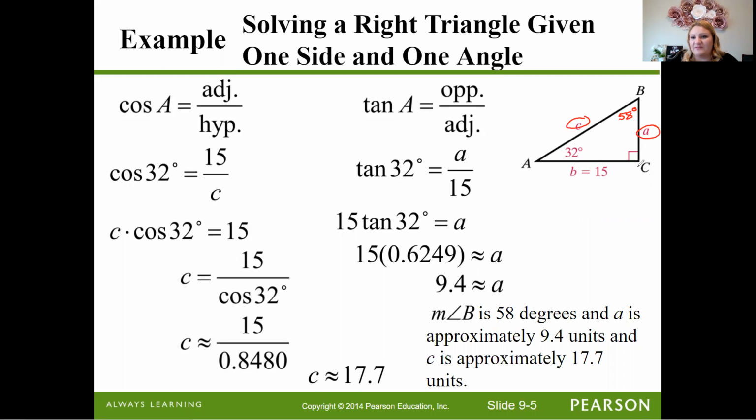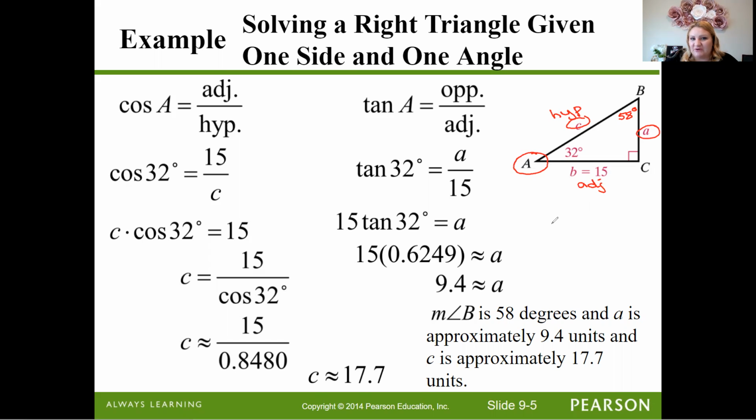So we can figure out what the length is using cosine of A. If you use the cosine of A and you use the adjacent and the hypotenuse, we can use this 32 degrees, which is what is given. And this would be the adjacent side because it's right next to that angle. And this would be the hypotenuse because it's the longest length.